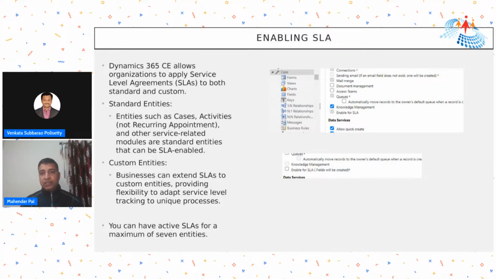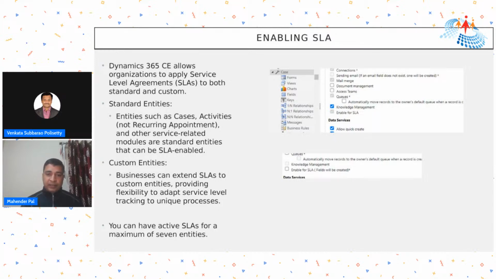We discussed this in earlier sessions; you can watch our earlier sessions for more details. You can see here that the SLA option, enable for SLA, is already ticked and disabled, which means that once you enable SLA for an entity, you cannot remove it. Once this feature is enabled, you cannot remove it.